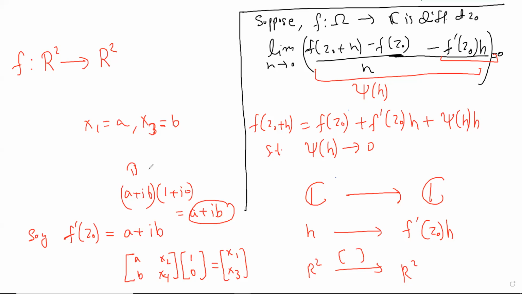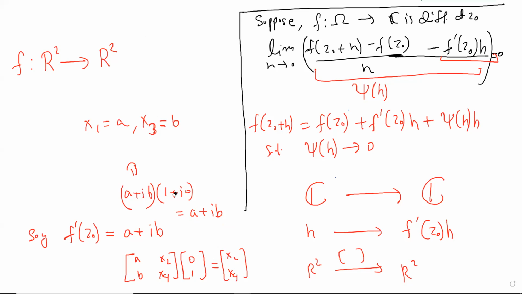You have to just take 0 comma 1. Now let's do it, because I also don't remember it. So we'll see. If you take 0 comma 1, then you get x2, x4.